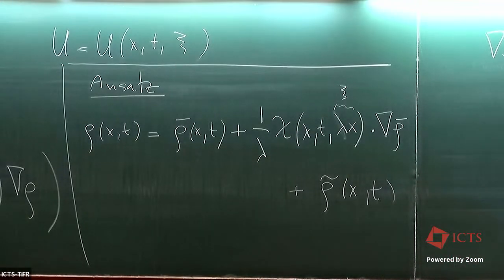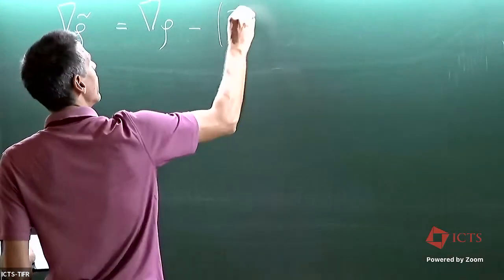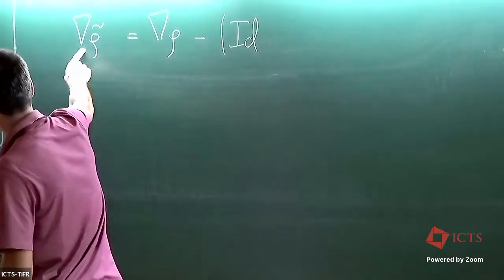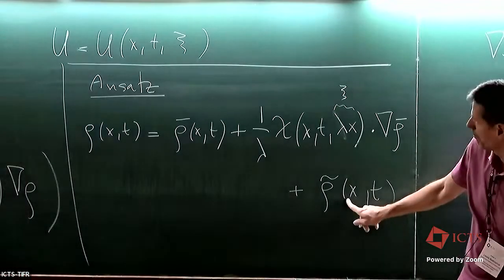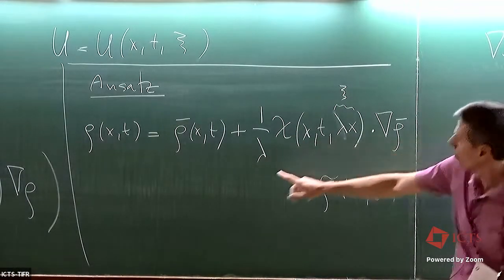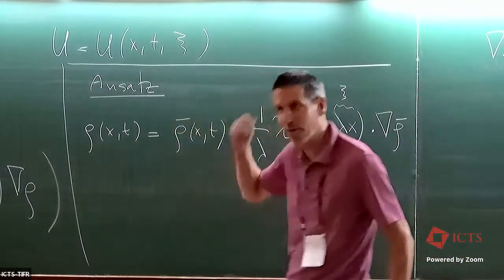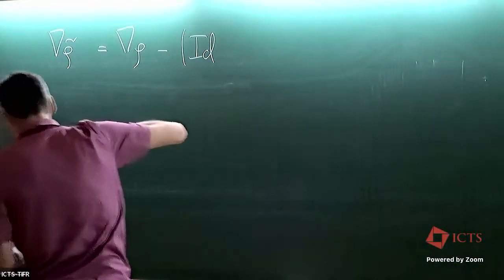So just to compute and make you accustomed to my notation, rho tilde is what I want to plug in. And it's this difference where I know that rho is supposed to be this solution. That's how I think of it. So I just compute the gradient of rho tilde and so on.